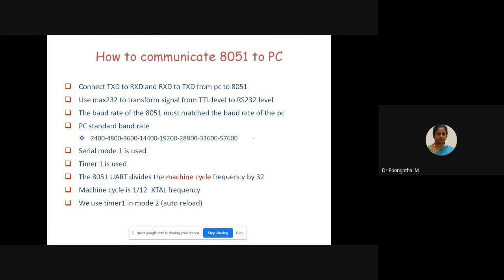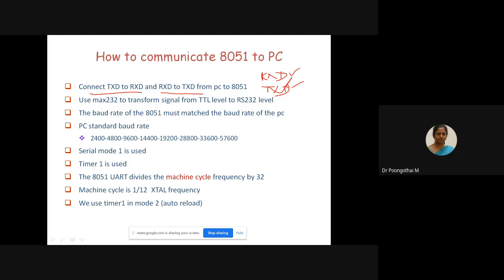Next we will see how to communicate 8051 to a PC. First point, connect TXD and RXD to RXD and TXD. If the 8051 is interfaced with a PC, it is connected through RXD and TXD, and the data can be transmitted and received via them.